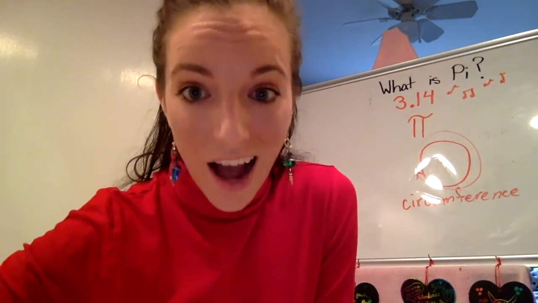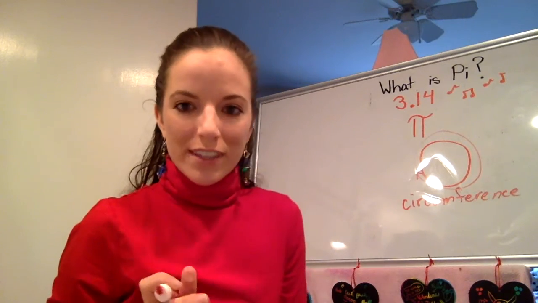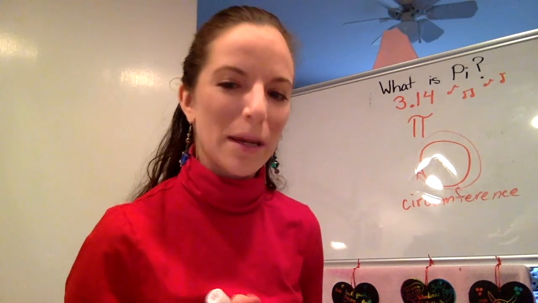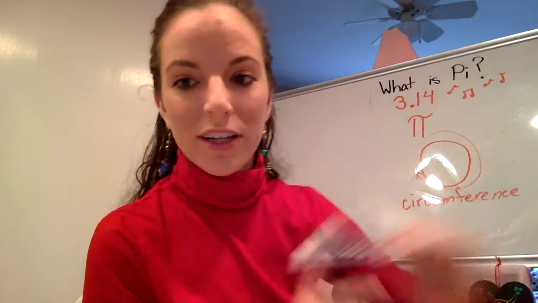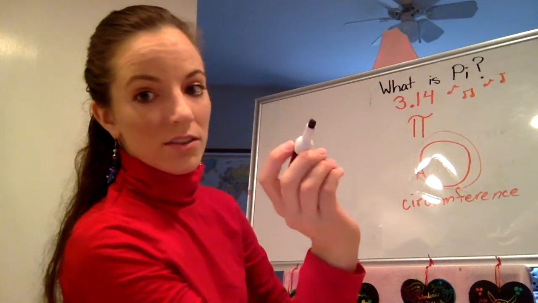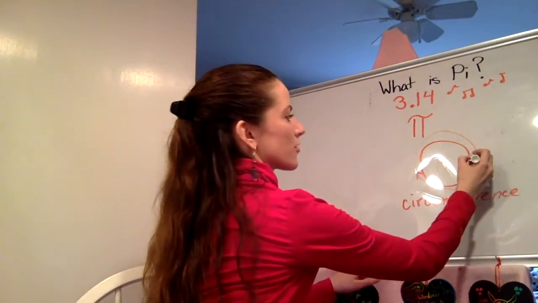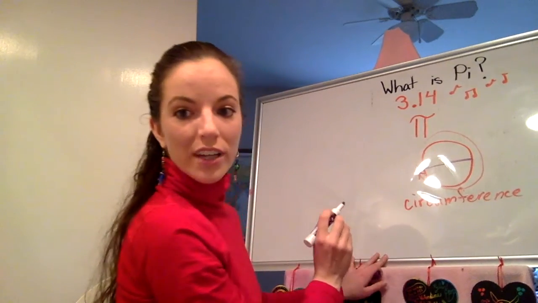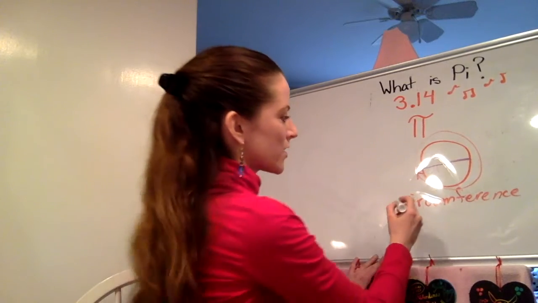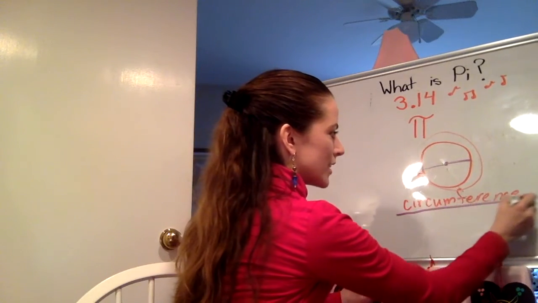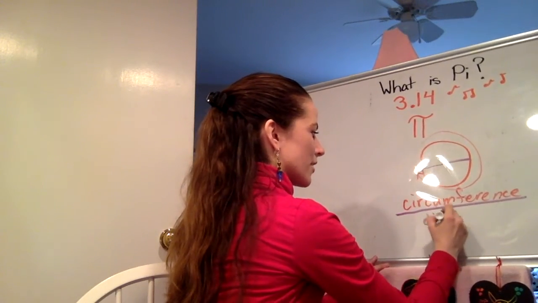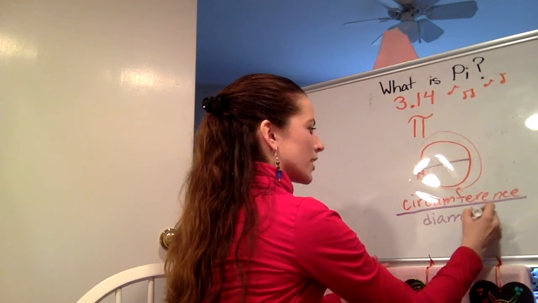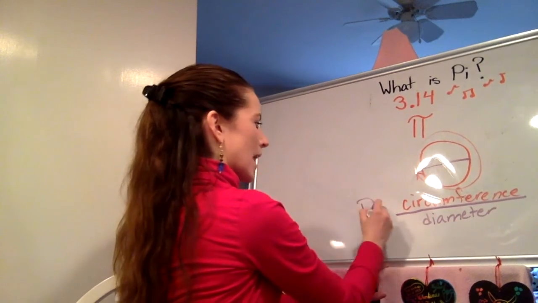And pi is circumference divided by diameter. And diameter is the distance from one side of the circle to the other side of the circle. So from here through the center point of the circle to the other side. That's the diameter. So circumference divided by diameter will give you pi.